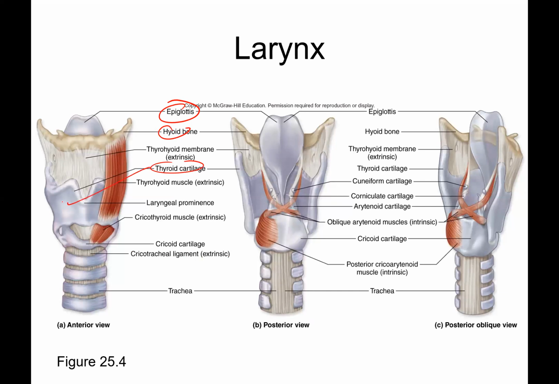In layman's terms, people tend to call that the Adam's apple. And I have literally gotten this. People that just don't know, they think men are the only ones that have thyroid cartilage or Adam's apple because they tend to be more prominent. They stand out more, and women not so much.